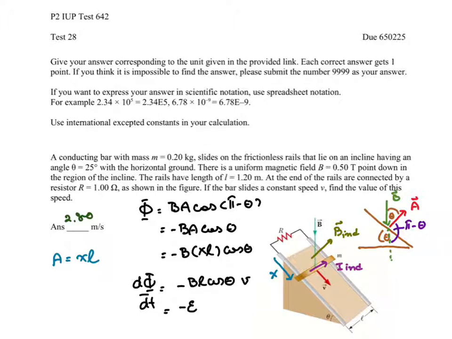There is a uniform magnetic field B equal to 0.5 Tesla pointing down in the region of the incline. The rail has length L equal to 1.2 meter.